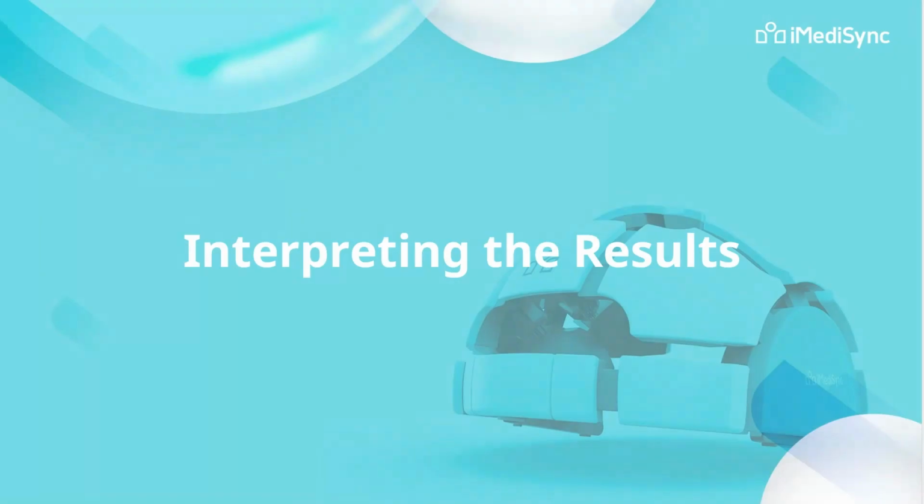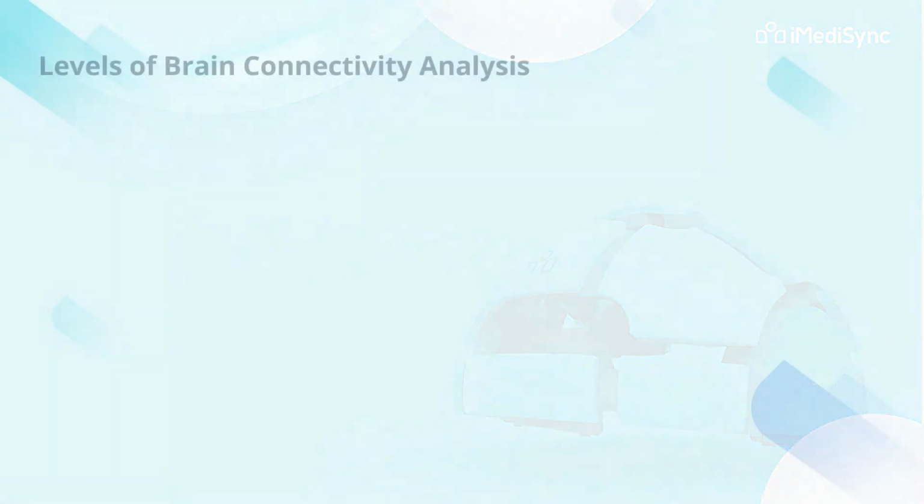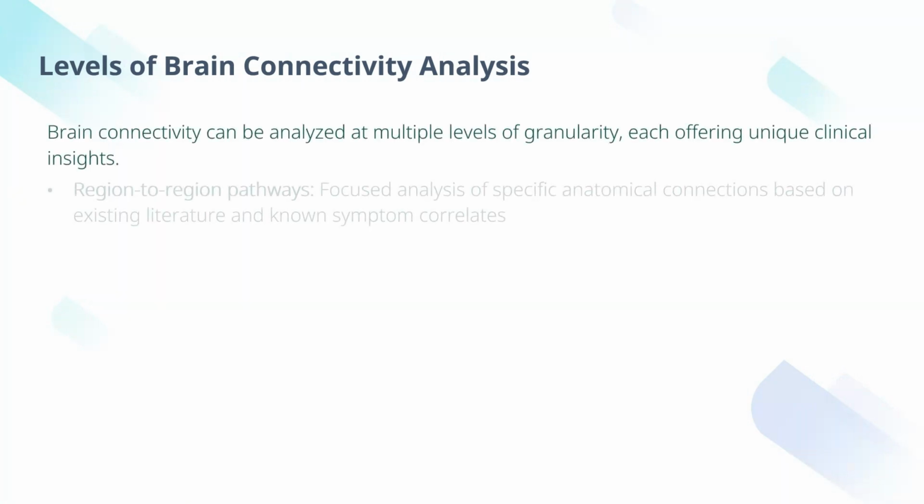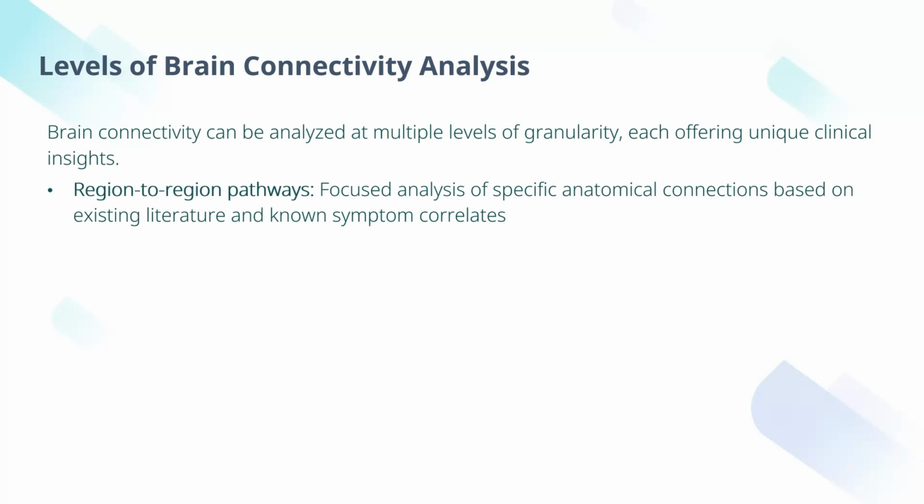So now that we know how to calculate connectivity and how to read a connectivity chart, now we can start to look at how to interpret the results from these analyses. And there's different levels of analysis that we're going to talk about here. We can start with the real nitty-gritty with region-to-region pathways.